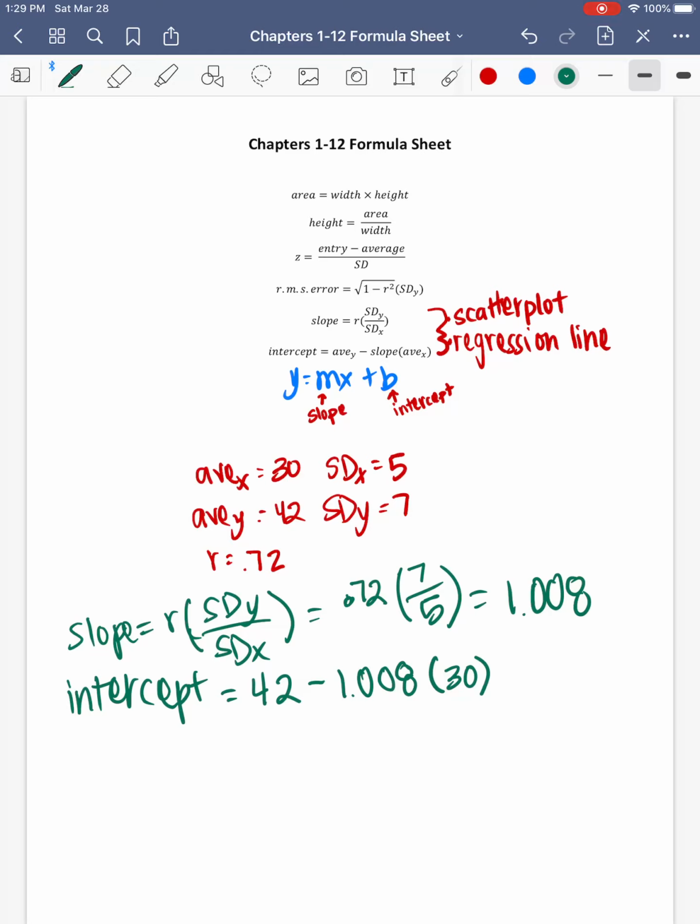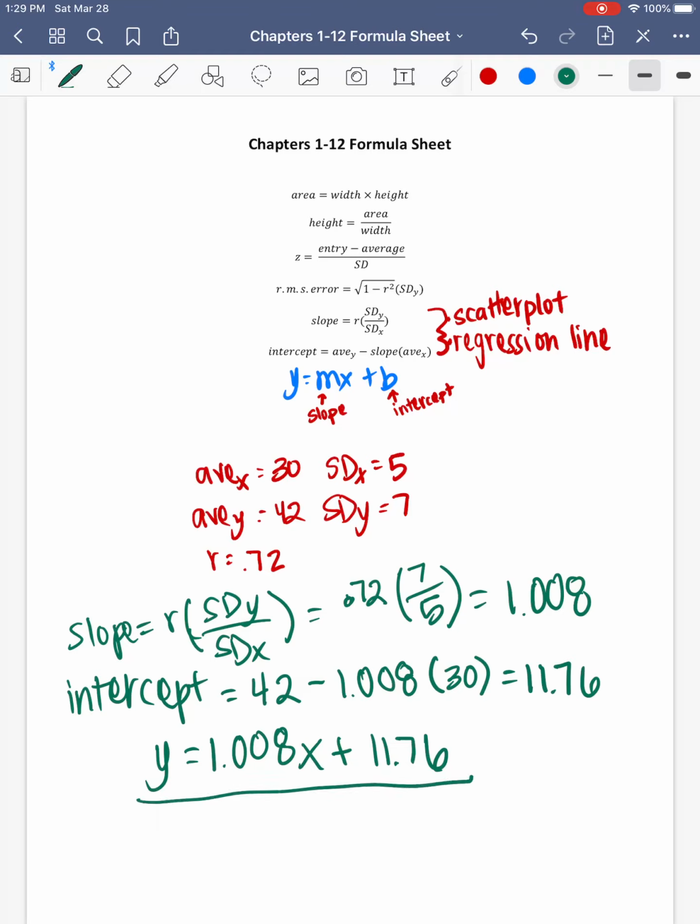So 42 minus 1.008 times 30 is 11.76. So you will have y equals 1.008x plus 11.76.